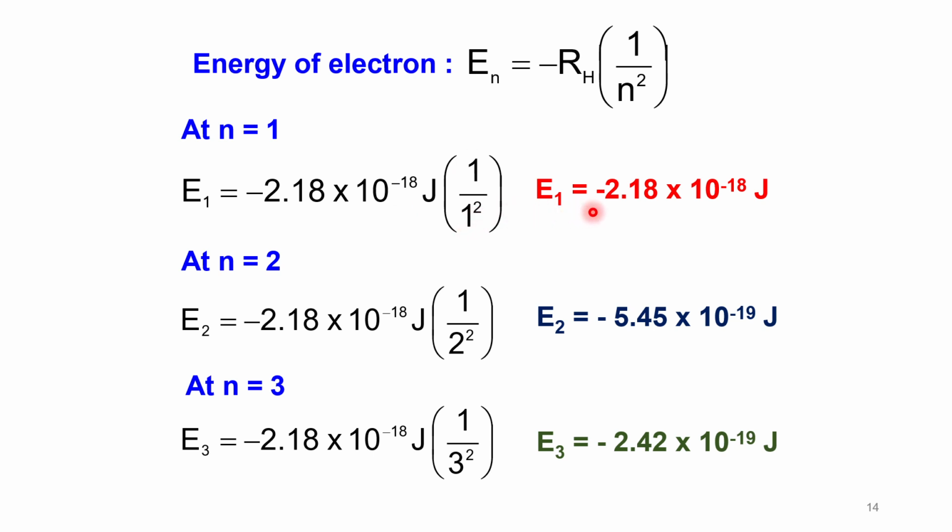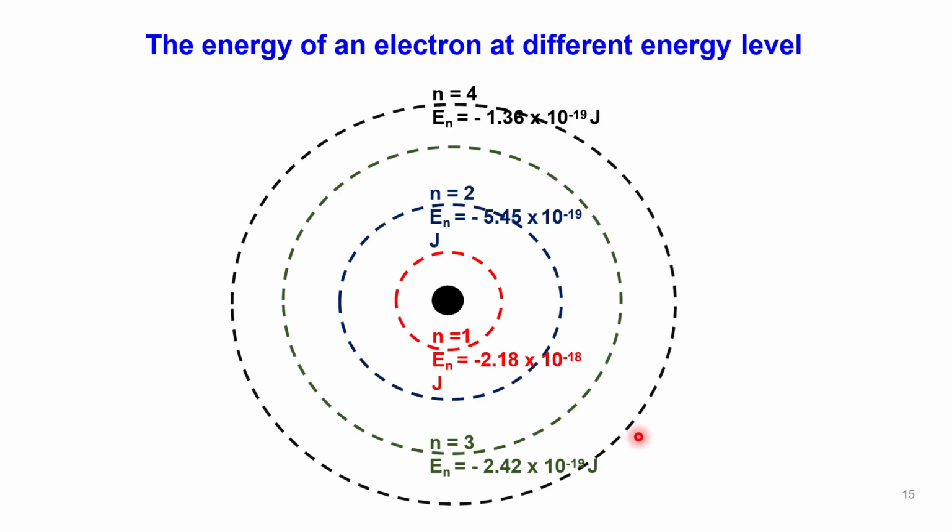So we have the energy negative 2.18 times 10 to the power negative 18, and so on until n equals 3. So the energy of electron at different orbit will be different. We have n equals 1, n equals 2, n equals 3, and so on. This energy we call quantized energy.